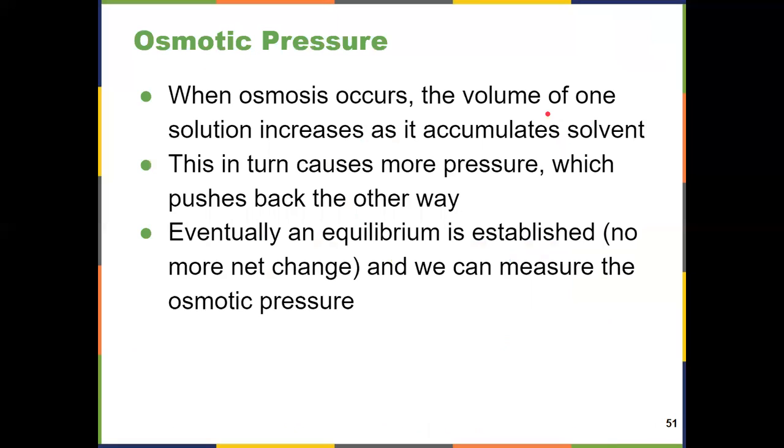So what is osmotic pressure? It deals with that accumulation of volume on whatever side has the solute. Because if we have pure solvent on one side and a solution on the other, the solvent is always moving into the solution. So that's the side that's going to go up. The volume increases on the side that has the solute from accumulating solvent, and having more volume on one side causes pressure pushing back the other way. And we can measure that pressure when equilibrium is established.